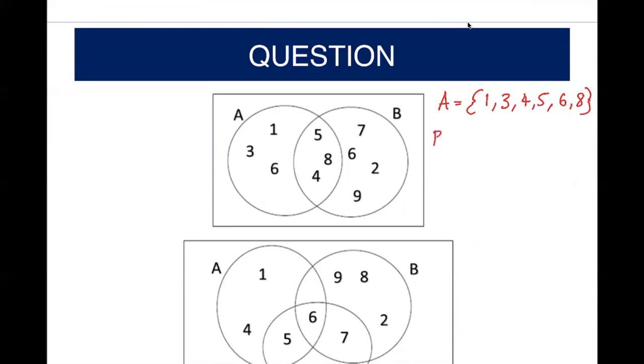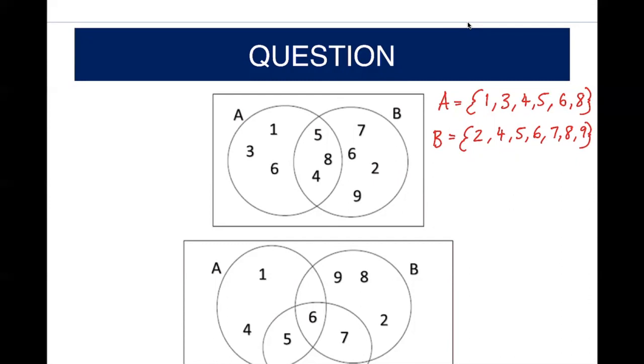And then we have set B, curly brackets, 2, 4, 5, 6, 7, 8, 9. There are 7 in there, and there are 7 under there. Excellent. So that's our 2 sets.